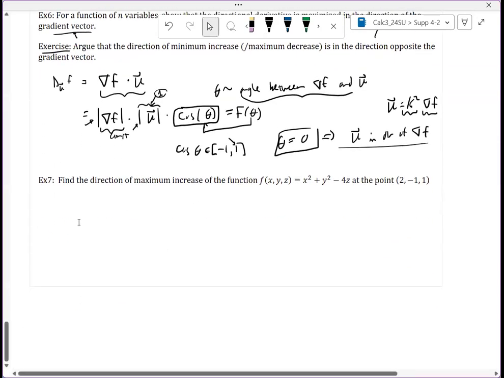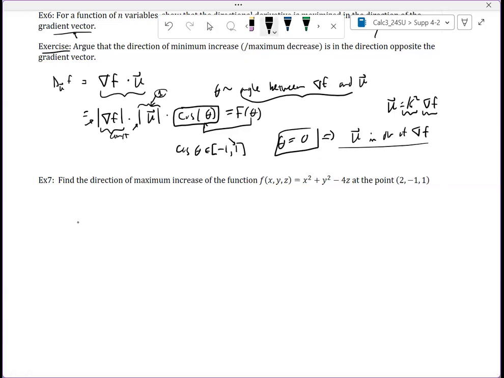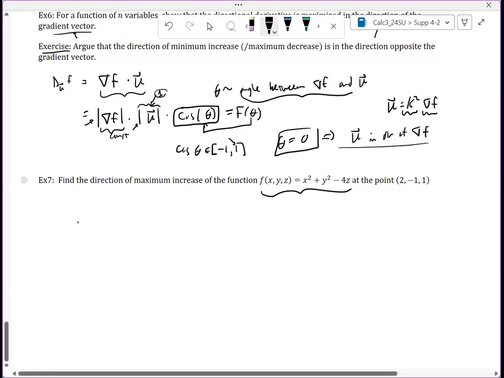Okay, and then example 7, a pretty straightforward example to end on. Find the direction of maximum increase of the function f of x, y, z equals x squared plus y squared minus 4z at the point (2, -1, 1). So what do we need to do? We need to find grad f at (2, -1, 1). Grad f, first component is df dx, just 2x.